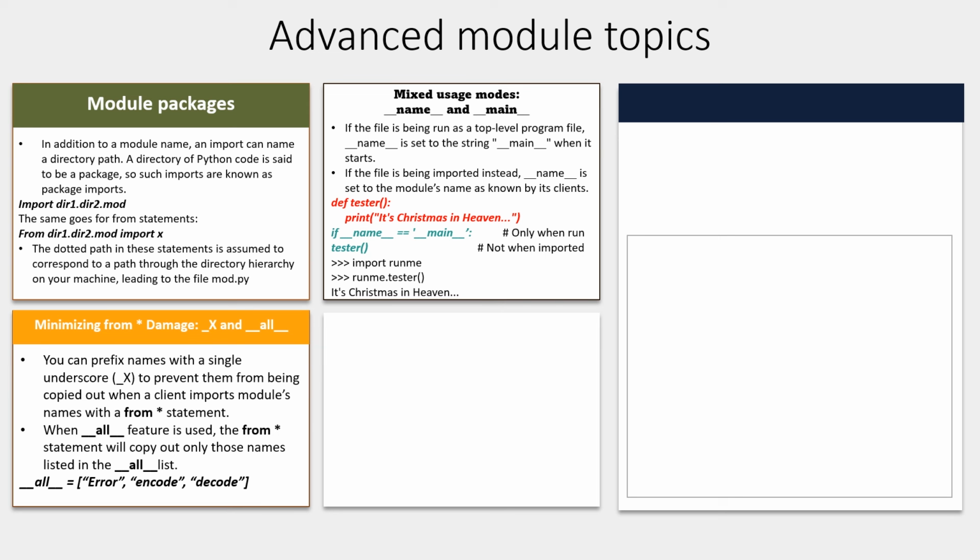So the upshot is that a module can test its own name to determine whether it is being run or imported. For example, suppose we create the following module file named runme.py to export a single function called tester.